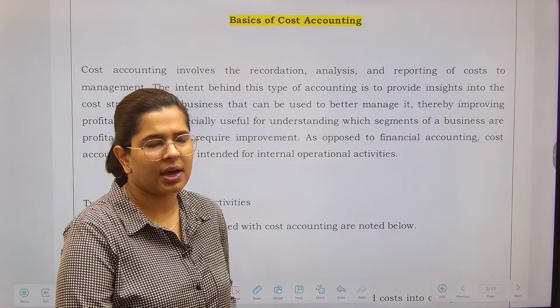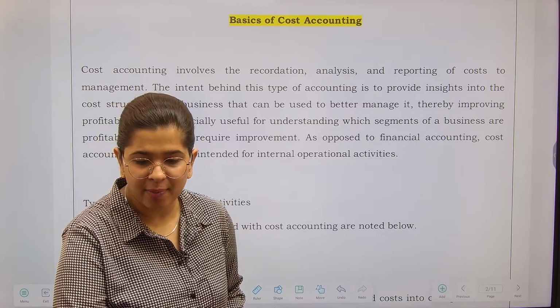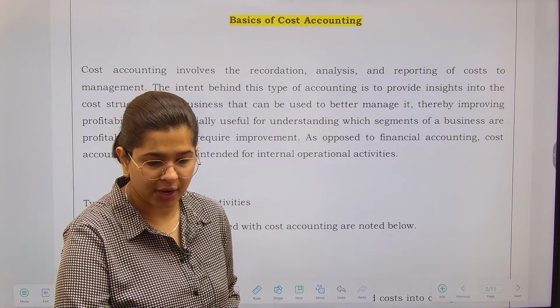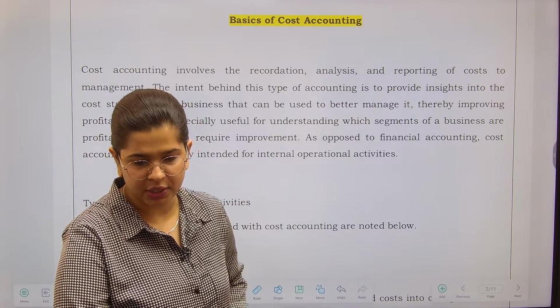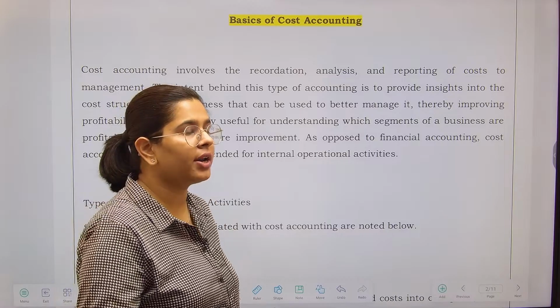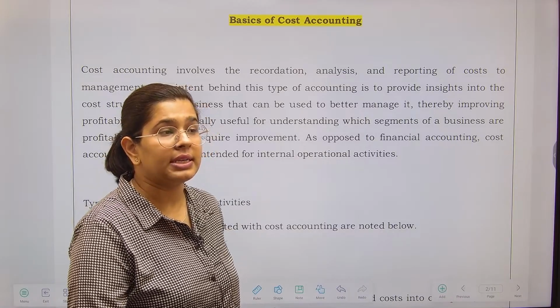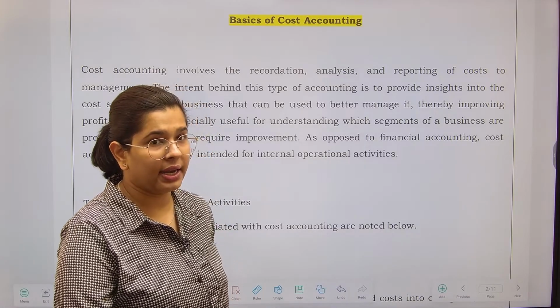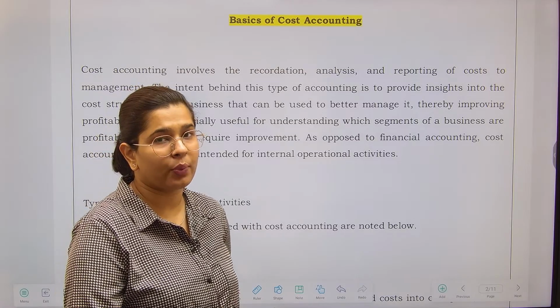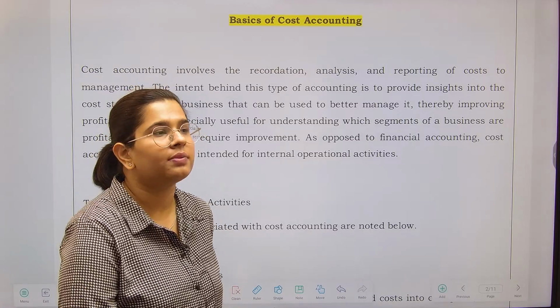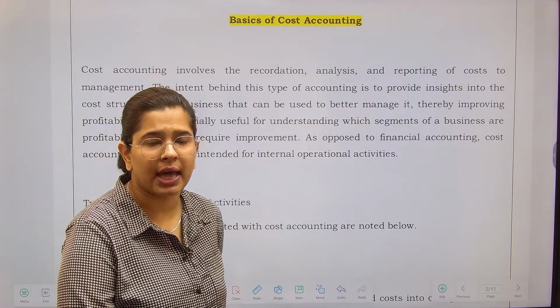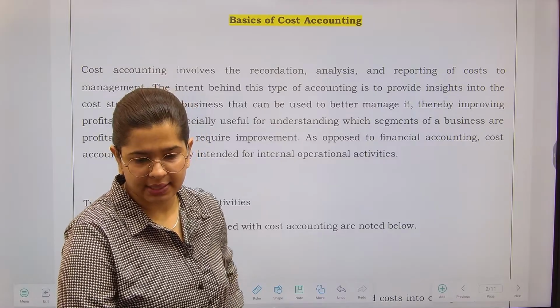Reading a 400 to 500 pages book just for a question, which might not even occur, is not sensible. So what we can do is just go through the basics.